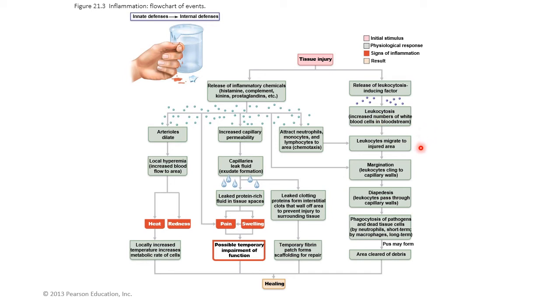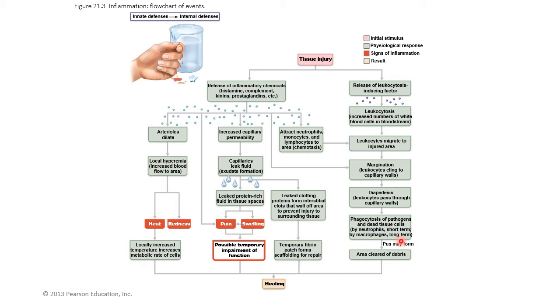So those leukocytes actually will migrate to the area of the injury, and then they plaster themselves up against the capillary walls. That's called margination. And then they slip in between the cells of the capillary walls through the intracellular clefts. That's called diapedesis. And then they migrate to the area where the injury is, and that's called chemotaxis, where they phagocytize the pathogen and the dead tissue cells.